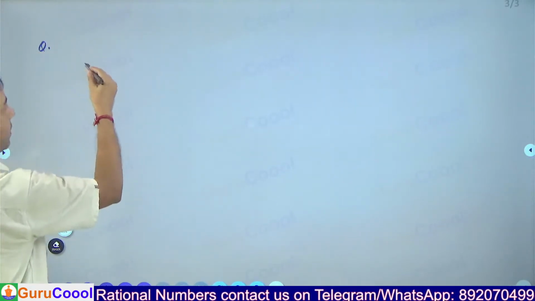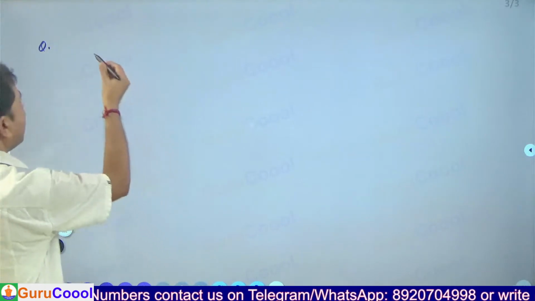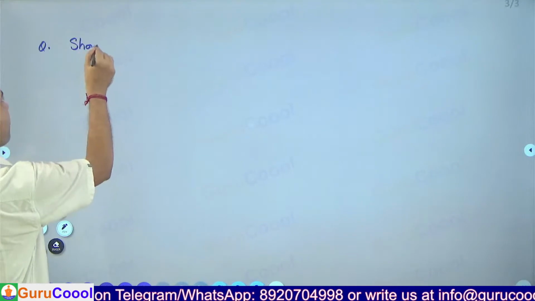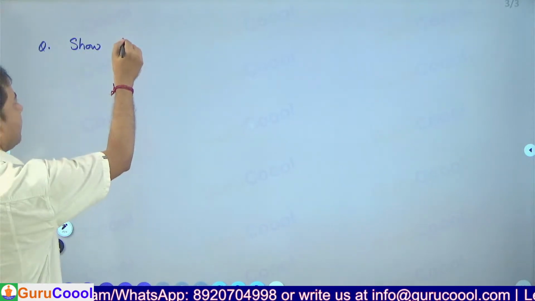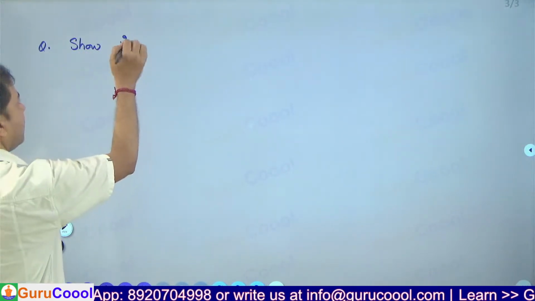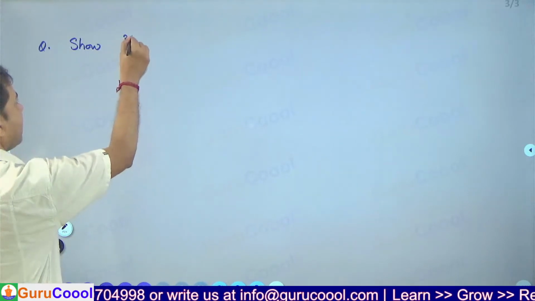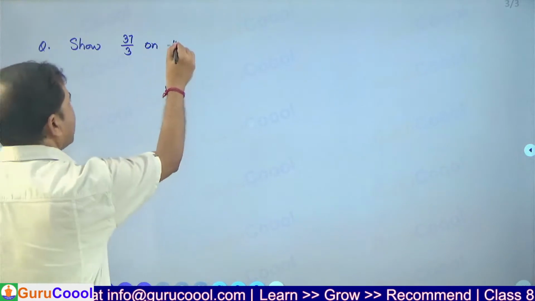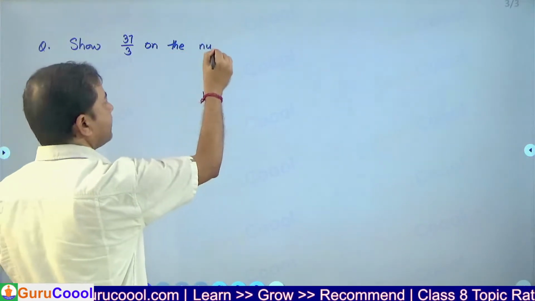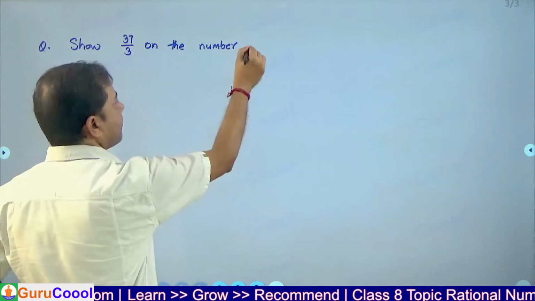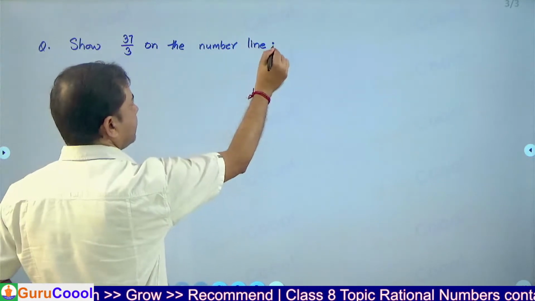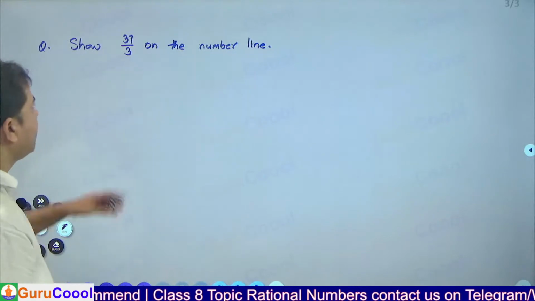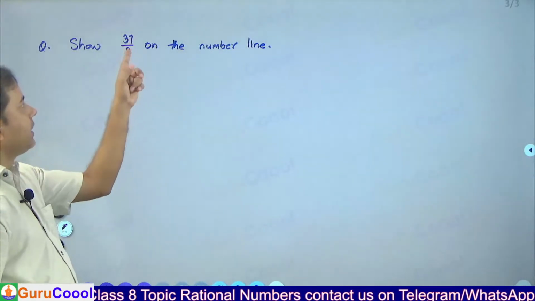Sir. Now let us take a rational number which is improper, more than 1. So 37/3 on the number line. 37/3. As we can see here, numerator is greater than 3.